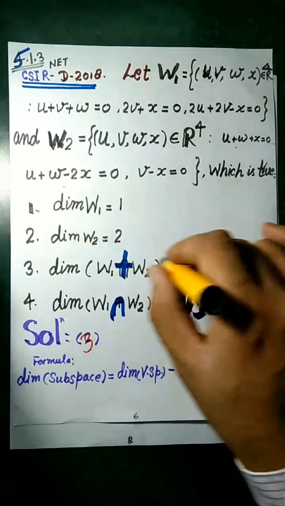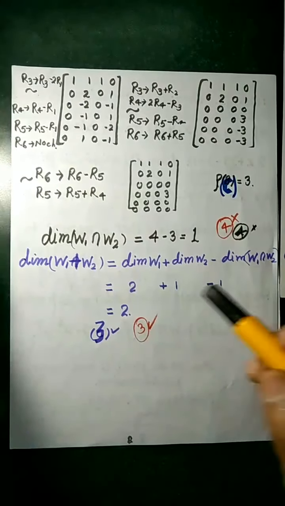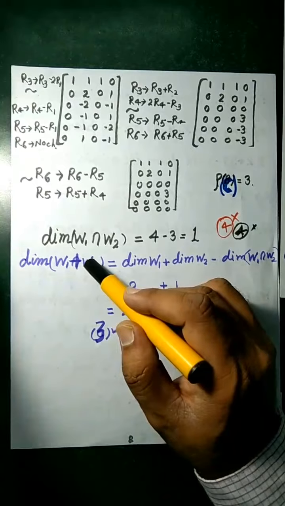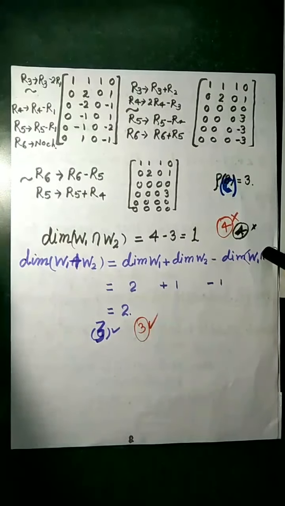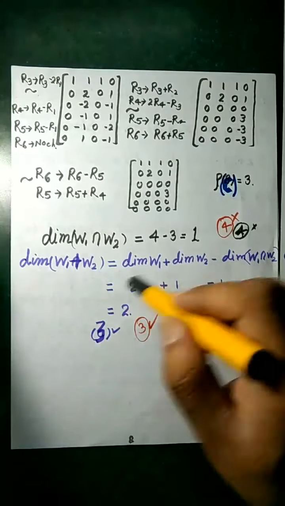Let us check this option. We will apply the formula for the dimension of W1 plus W2. We are calculating this dimension or any of the others.